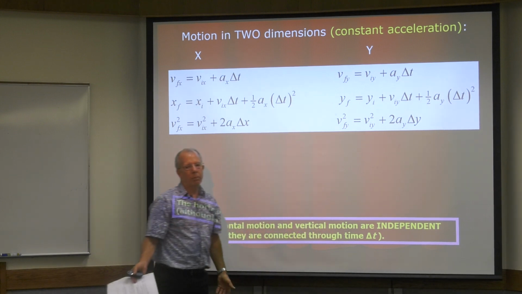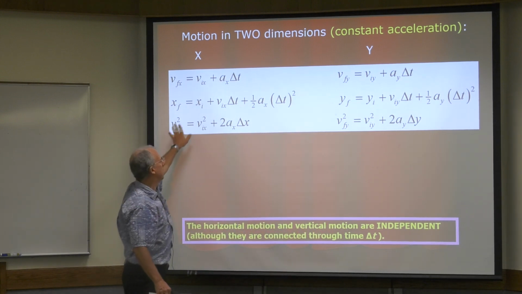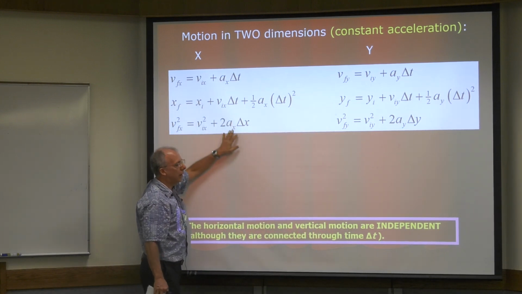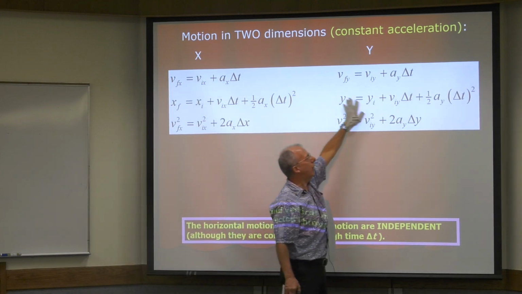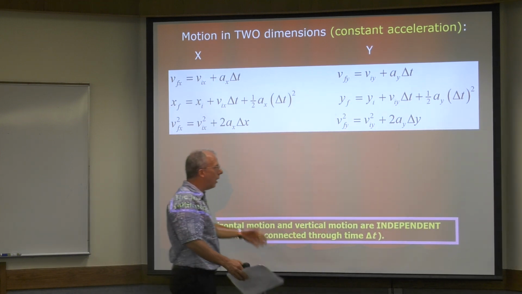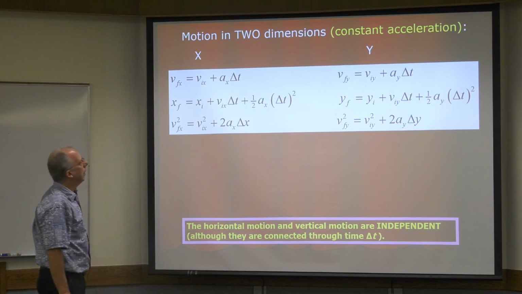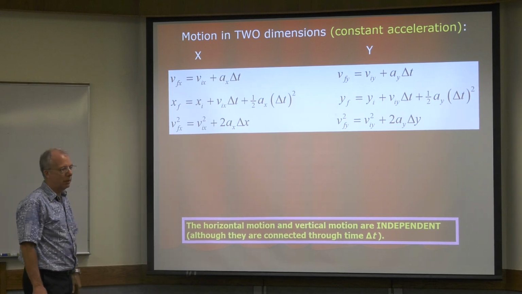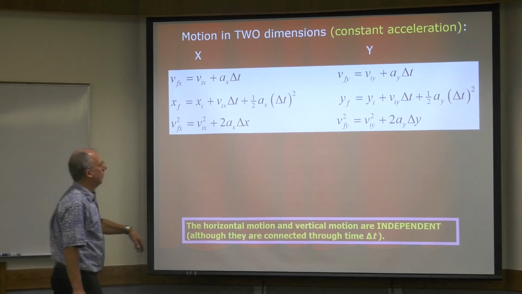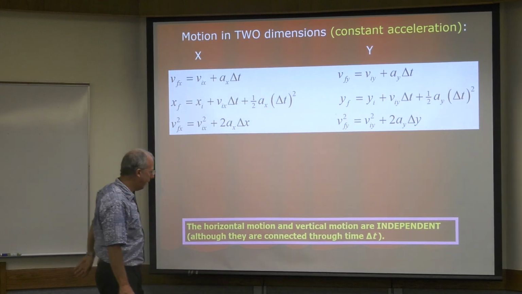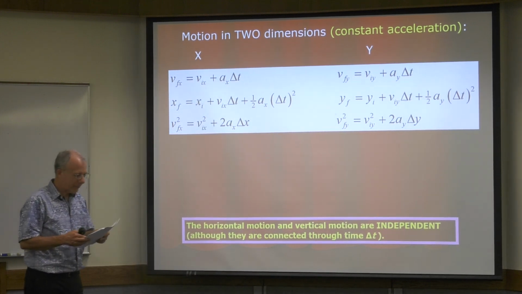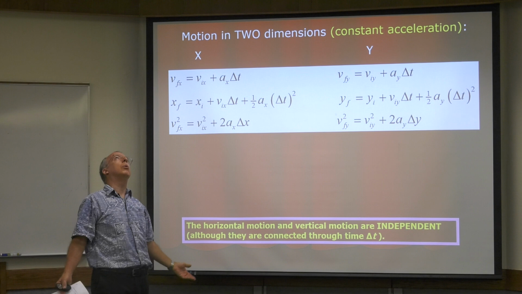That's why I had you memorize these equations. Because if you know these three, guess what? You know these three also. And so there you go. Now you can handle motion in two dimensions. It's just twice this.